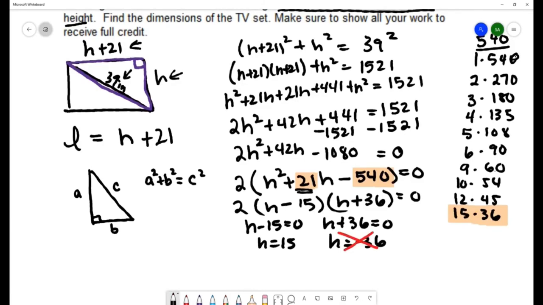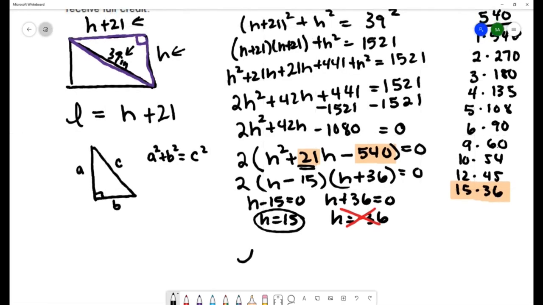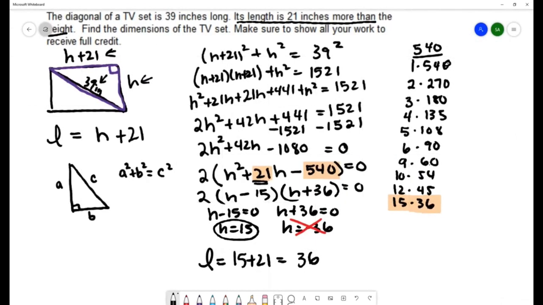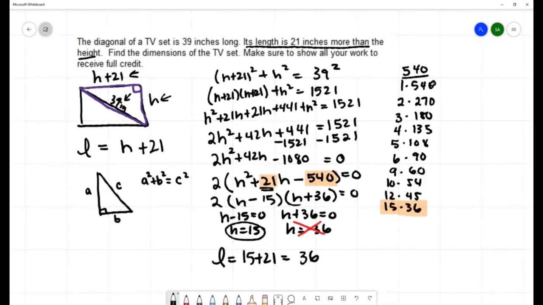So this is our solution of having a height of 15, and then the length will be 15 plus 21. That's going to be 36. So the dimensions of our television set will have a height of 15 and a length of 36. So that is the dimensions of our television set. Length, 36 inches, height of 15 inches.